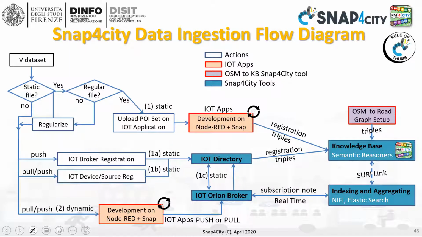So this is the workflow describing how to ingest the data. When you have a data set, it may come from a CKAN, or may arrive with some database, with some Excel file.